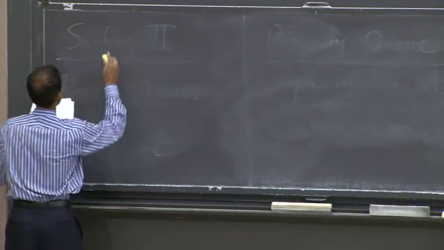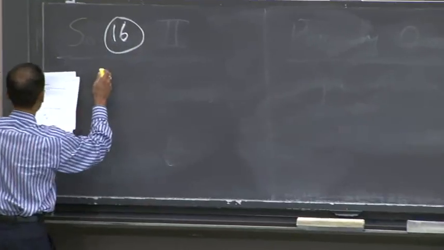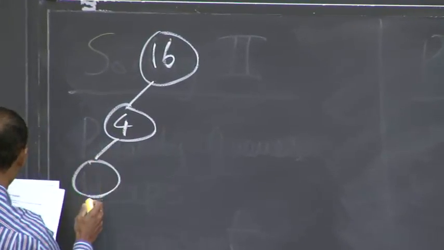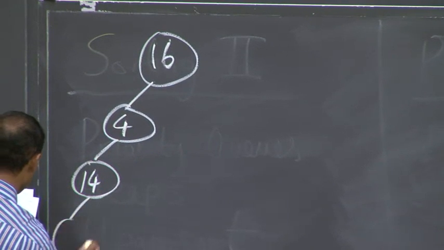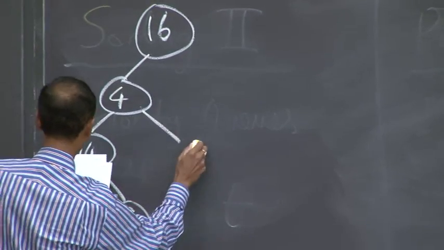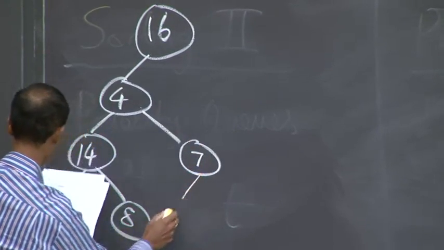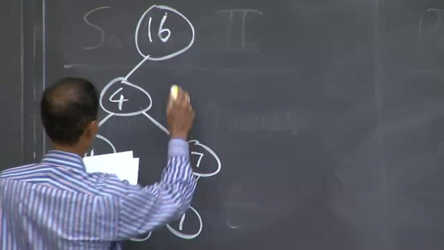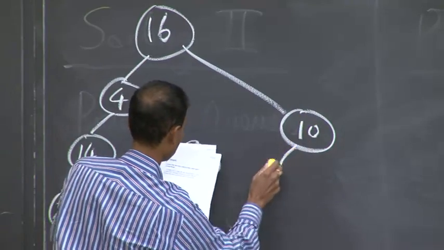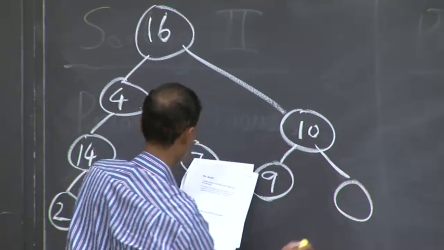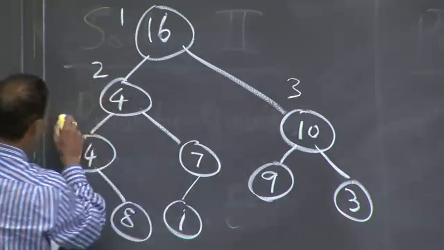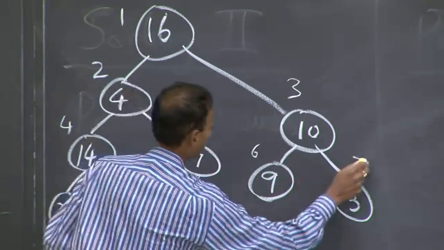And I'm just going to draw the indices for this first example, and then I won't bother.